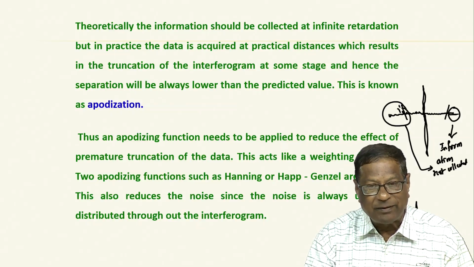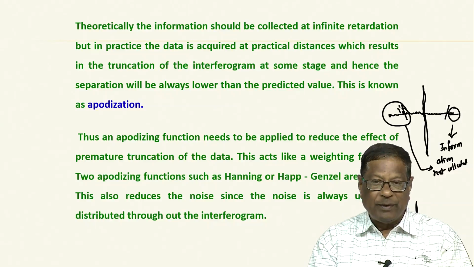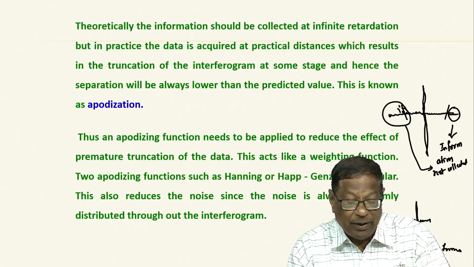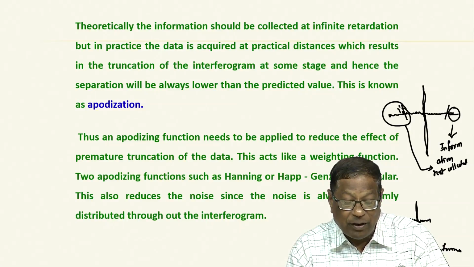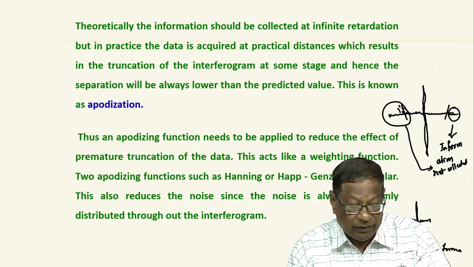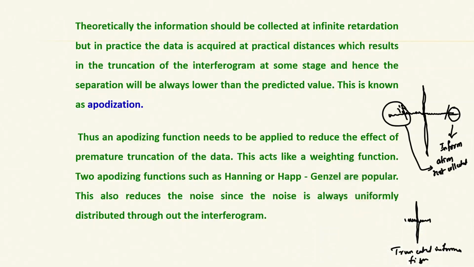That acts like a weighting function, and these weighting functions are known as Hanning function or Happ-Genzel. This also reduces the noise, since the noise is always uniformly distributed throughout our interferogram.